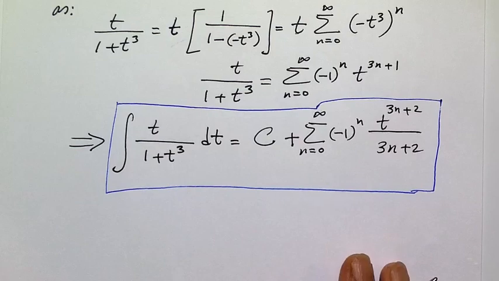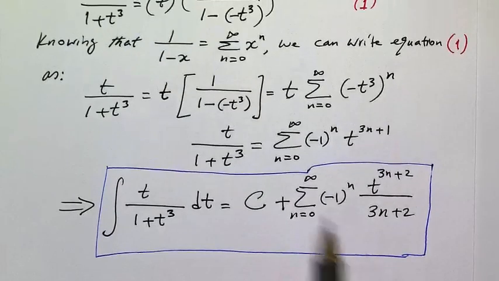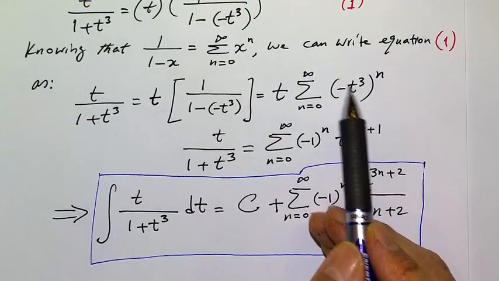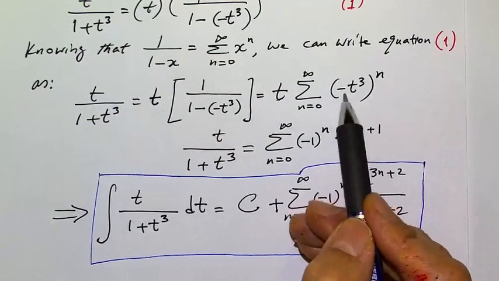And they also ask for the radius of convergence. And the radius of convergence, of course, comes from the absolute value of minus t cubed. That's pretty straightforward.